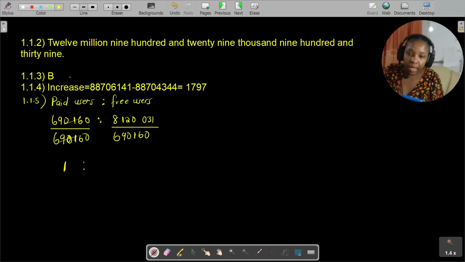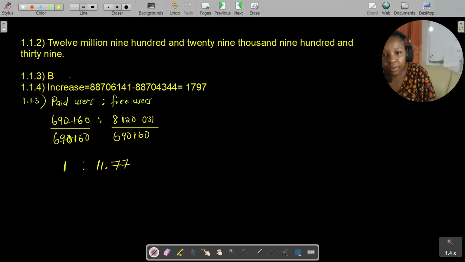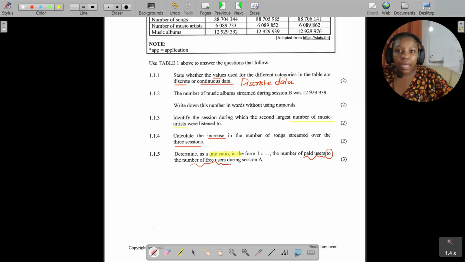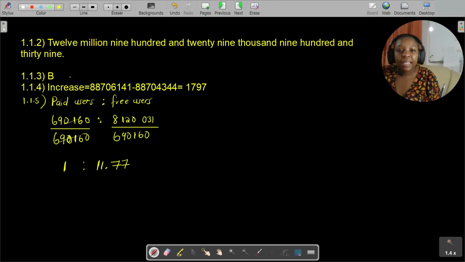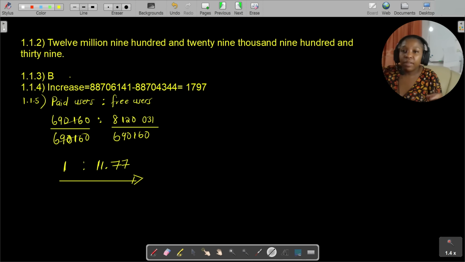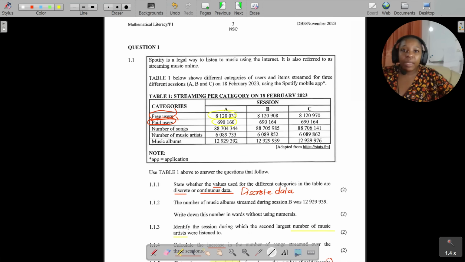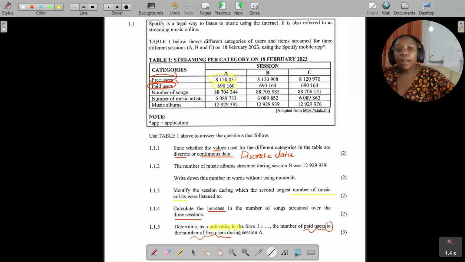Then if you take 8,120,031 divided by 690,160, you'll get 11.77. Okay, and because they said that they want your ratio in unit form, you can just leave it like this. Okay, so our ratio is 1 is to 11.77. All right, and we are basically done with question 1.1.